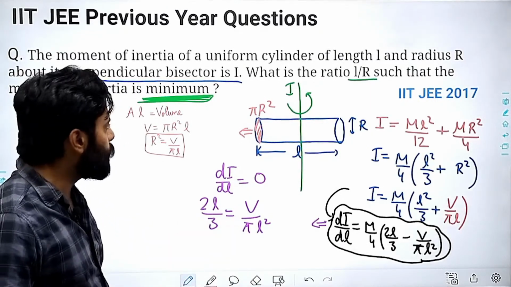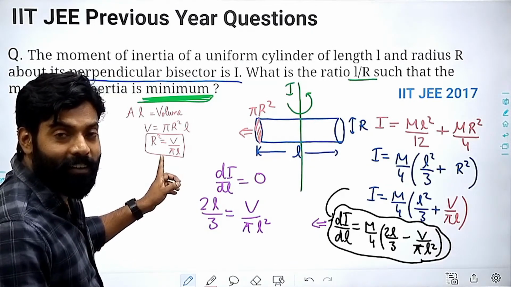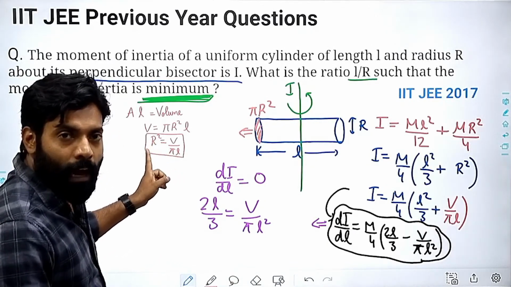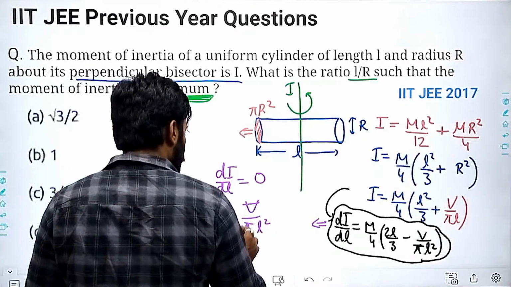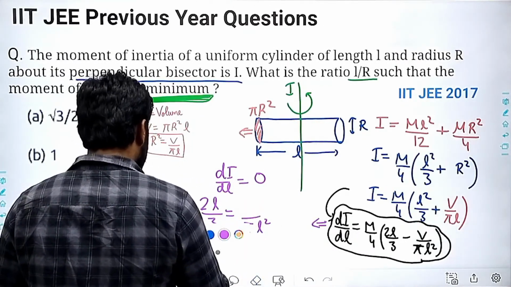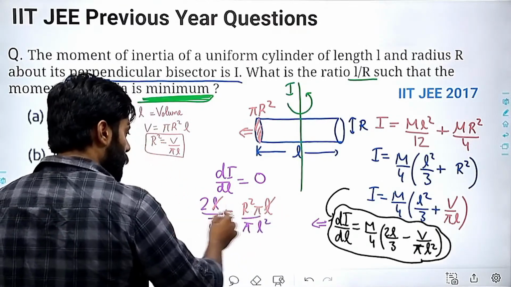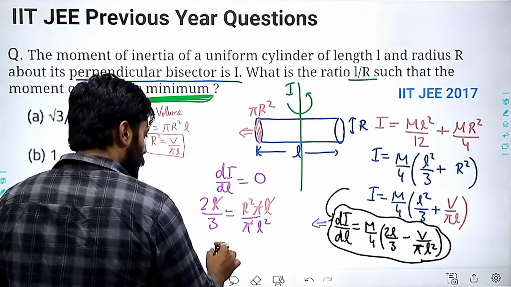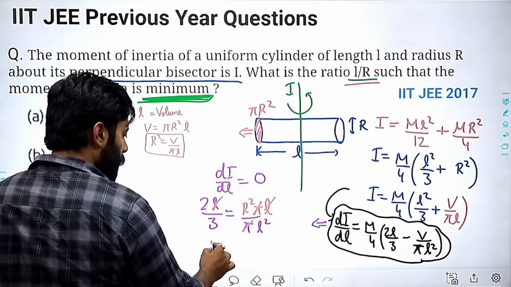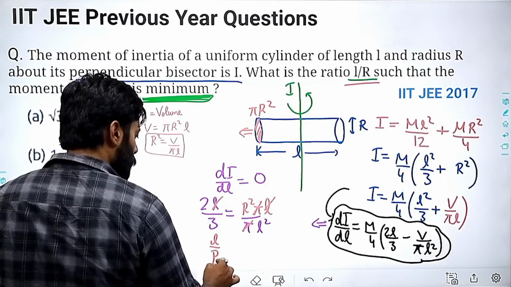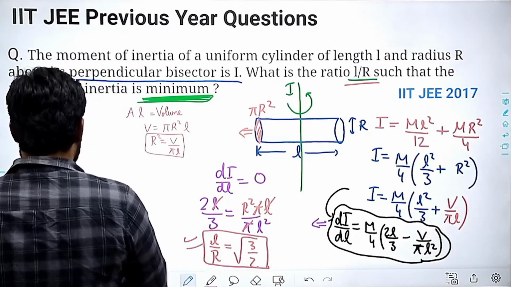I can substitute this volume as well, because earlier I replaced r square with V by pi L. Now I have to substitute this V again, with r square pi L. L will cut, pi will cut, and I need to find out L by R, so that must be the reciprocal. So L by R will be equal to 3 by 2.